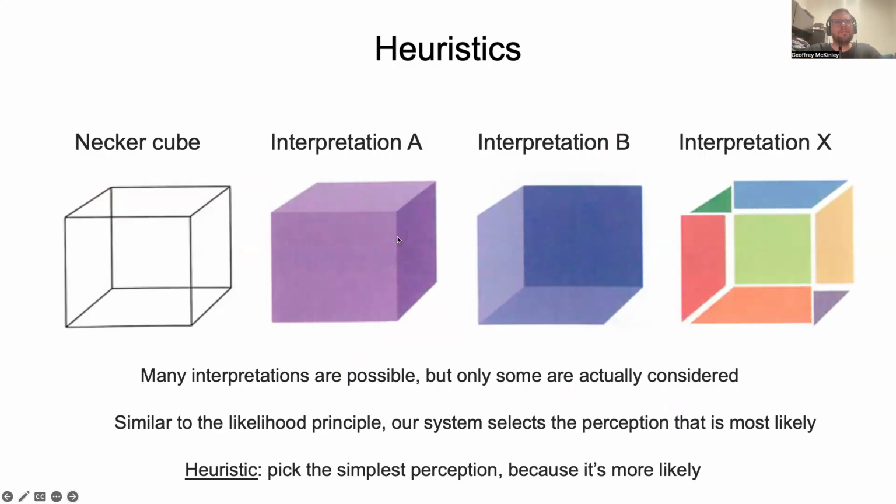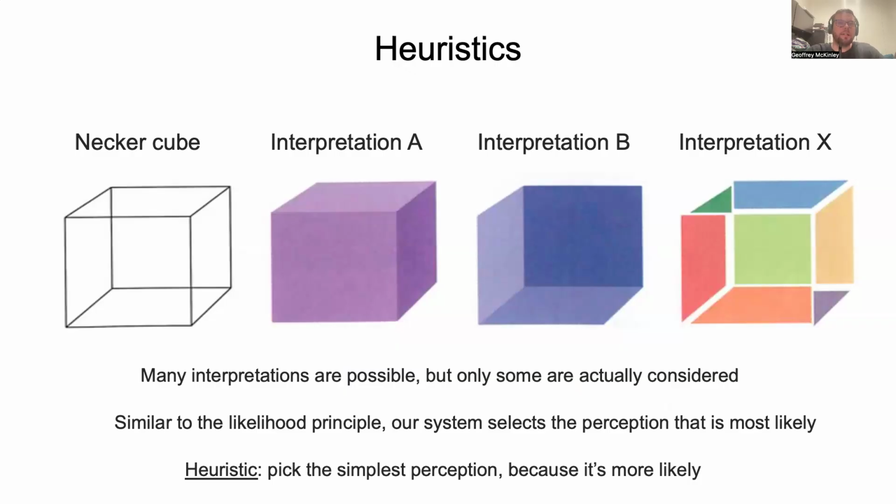Those are the most likely interpretations, but you could also have this interpretation, which is that there's a number of disjointed pieces that come together and make it look like a Necker cube. So the point is that many interpretations are possible, but only some are actually considered.